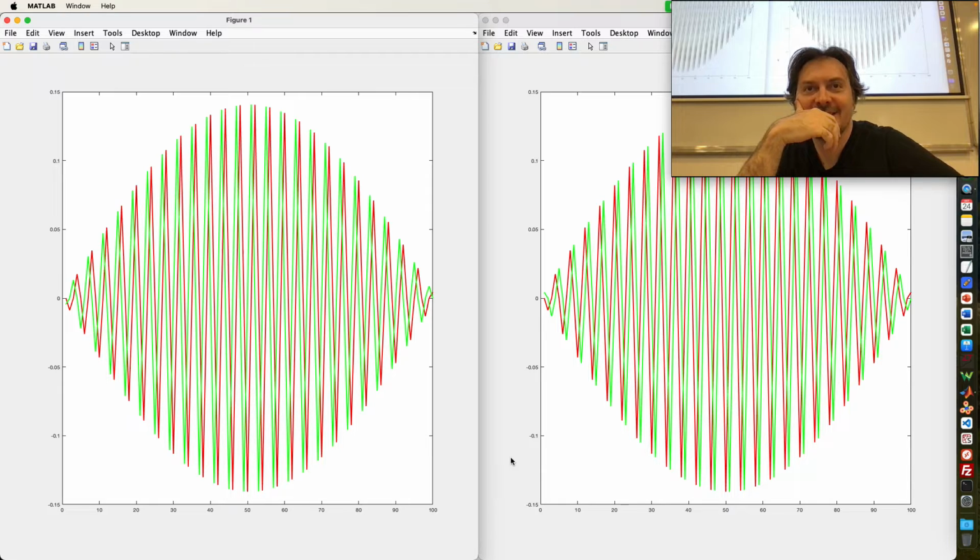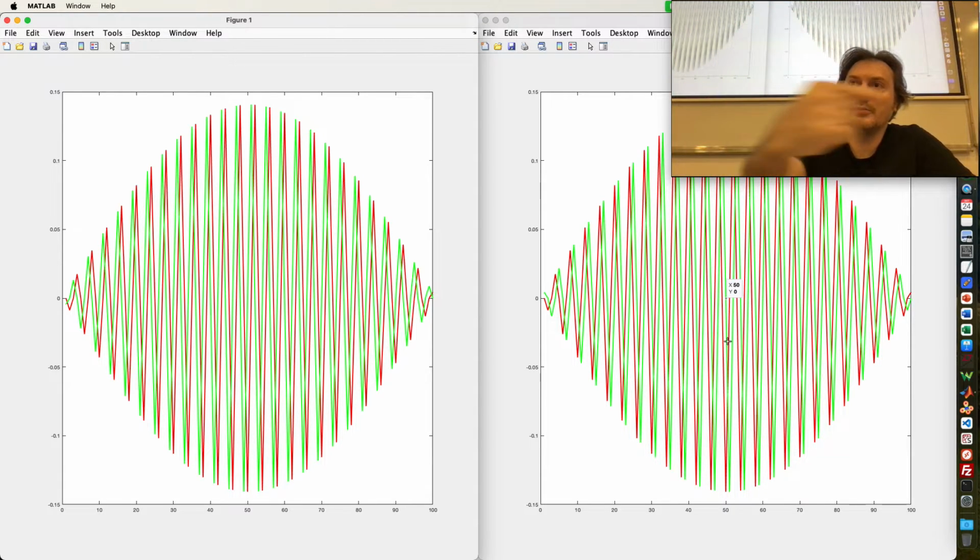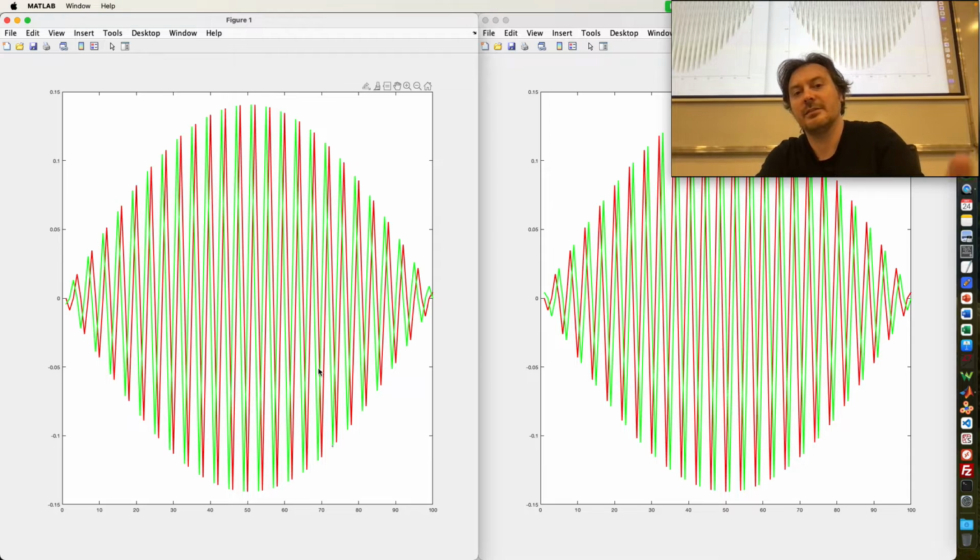Yeah, exactly. You see, the red peaks, which correspond to the real part of the wave function, are on the right-hand side of the imaginary part, while here they are on the left-hand side. So if you start like this, it will go to the left. If you start like this, it will go to the right.